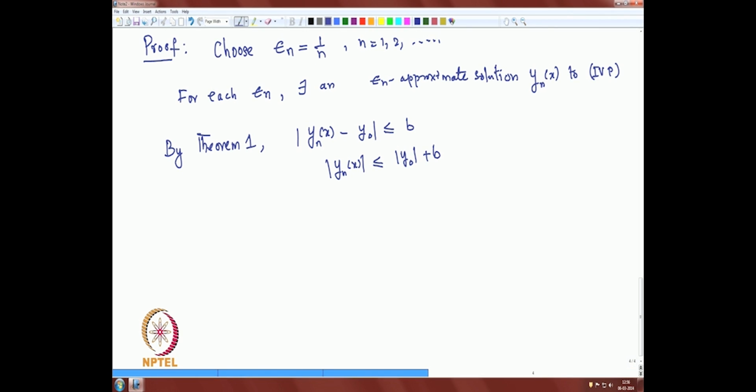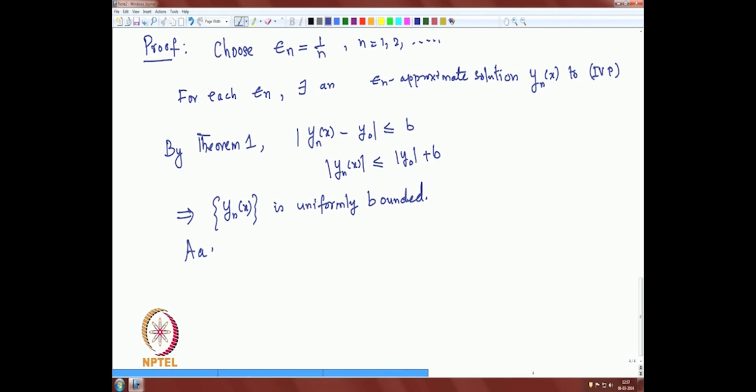So, the right hand side is independent of n. Therefore, this implies that the sequence of solutions yn(x) is uniformly bounded. So, this is a uniformly bounded sequence of functions.